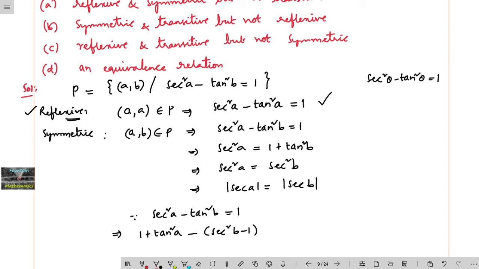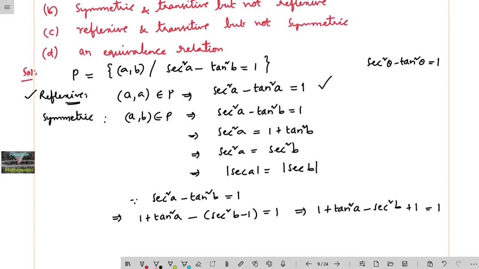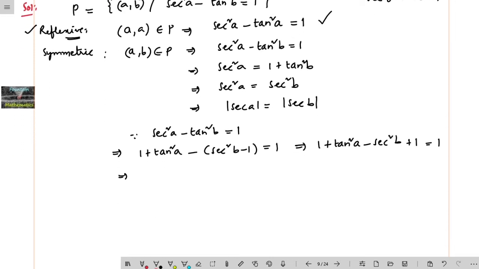Okay, and this is equal to 1, which implies 1 plus tan square A minus secant square B plus 1 is equal to 1, which further we can write tan square A minus secant square B is equal to minus 1, or we can write secant square B minus tan square A is equal to 1.